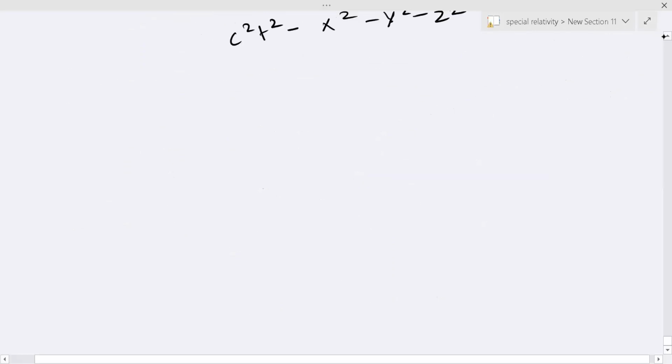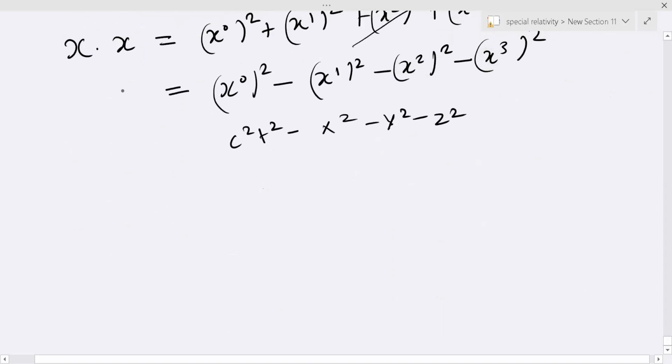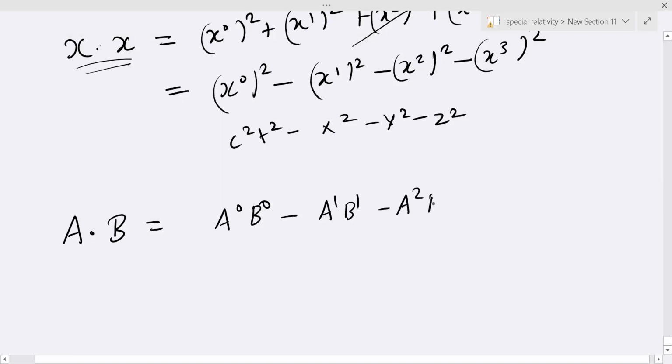So this is how we define a scalar product. Because the components of all 4 vectors transform exactly like the components of this, we can write the 4 vector a dot b as a0 b0 minus a1 b1 minus a2 b2 minus a3 b3.